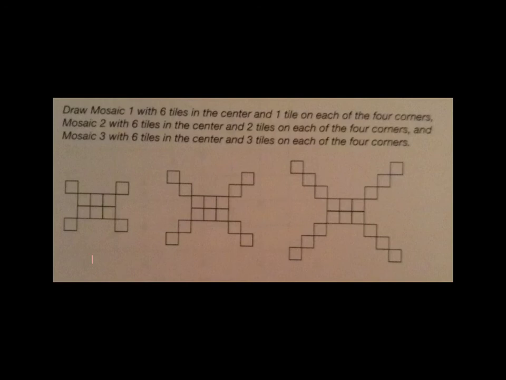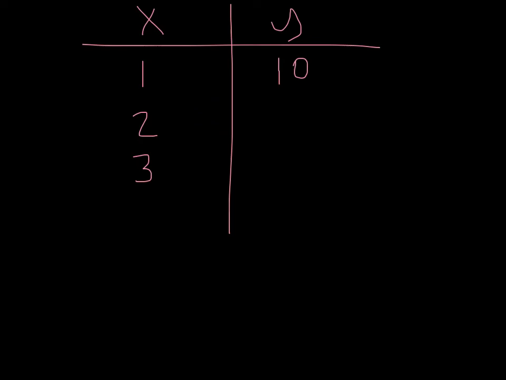In mosaic 1, you have 6 tiles and then you have 1 tile in each of the corners. Mosaic 2, you still have the 6 tiles and now you have 2 tiles in each of the corners. Mosaic 3, you still have 6 tiles and then now 3 tiles in each of the corners. I have started a table based on that last picture.